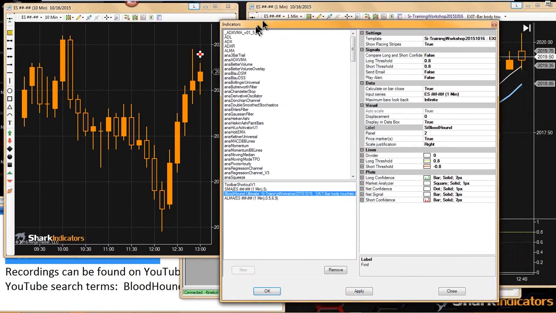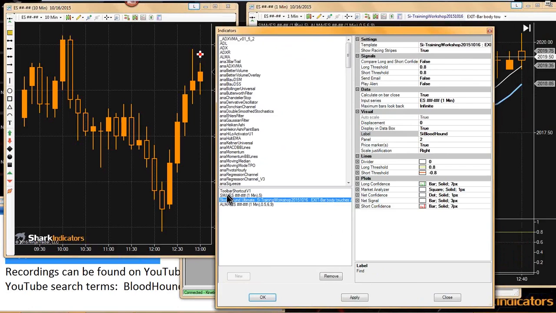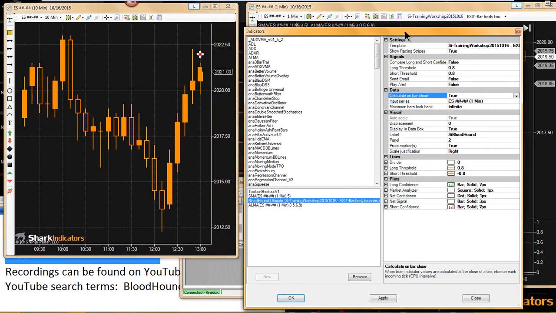I'm in the indicators window looking at BloodHound, and you see this setting here, calculate on bar close. This is a NinjaTrader setting. When this is set to true, that means you have to wait for the bar to close before you can access that bar data.